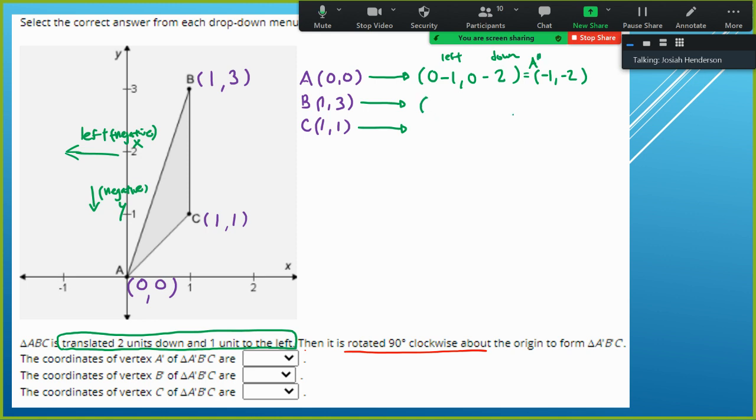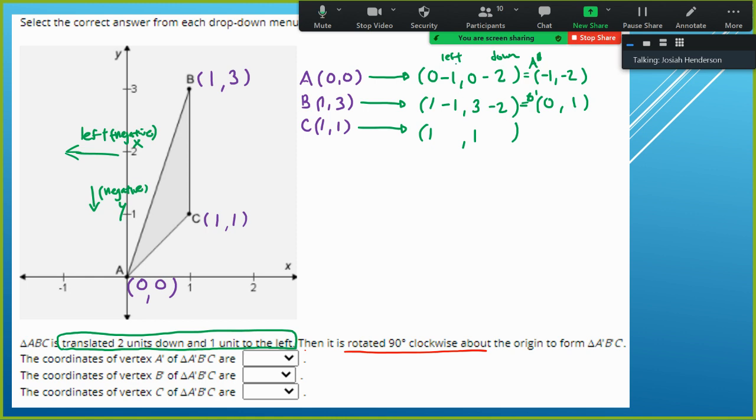Okay, so now we got to do the same thing for B and C. So the original B was 1, 3. But now we're going to apply the same rules we just did for A though. So down 1, or I'm sorry, left 1 and down 2. So 1 minus 1 is 0. 3 minus 2 is 1. So there's the new B. C started at 1, 1.